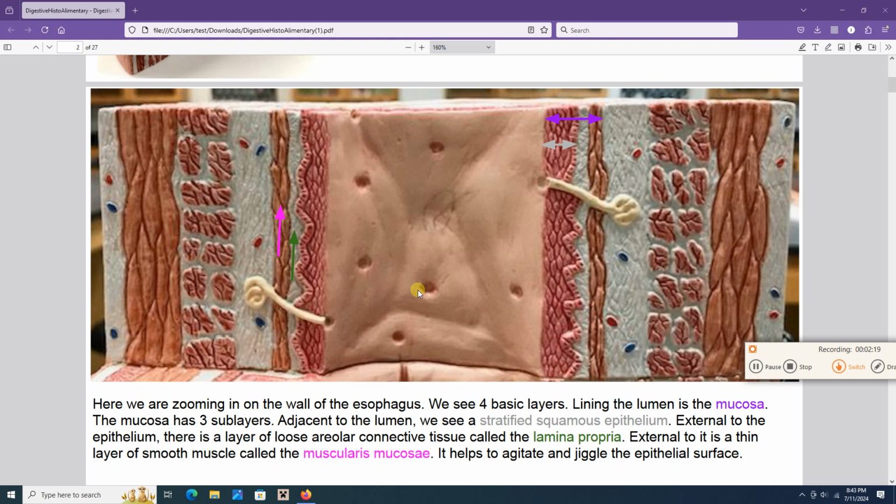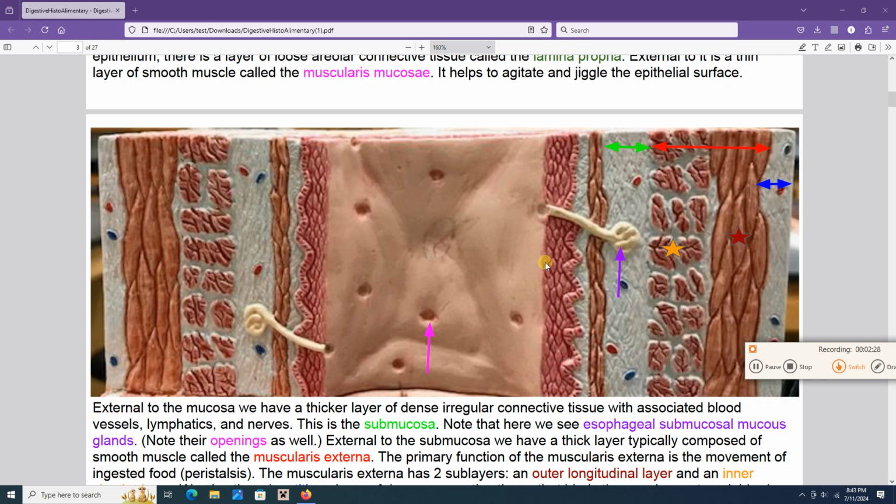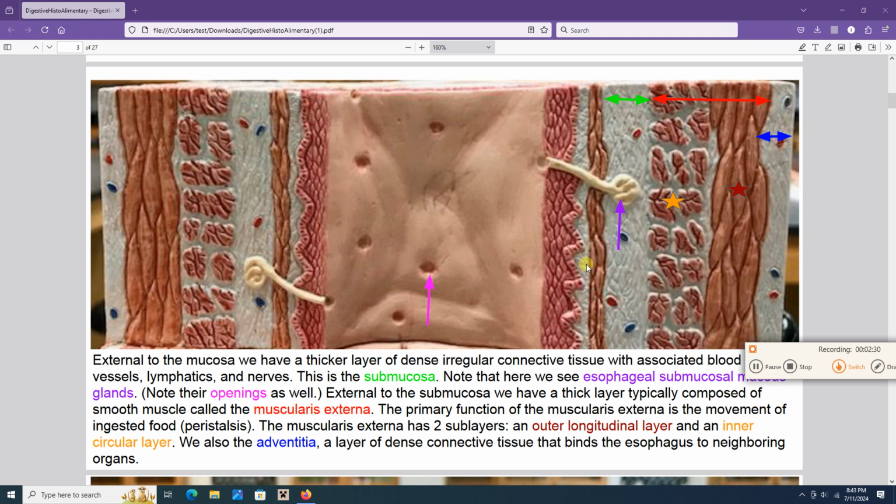And this is my esophagus. I'm gonna know it's the esophagus because of this stratified squamous epithelium. That is such a good clue. Now, if we go outside of the mucosa, our mucosa is right here. If we go right here in this gray where my green arrow is, that's the submucosa. That's where I'm going to have a lot of connective tissue for structural support.